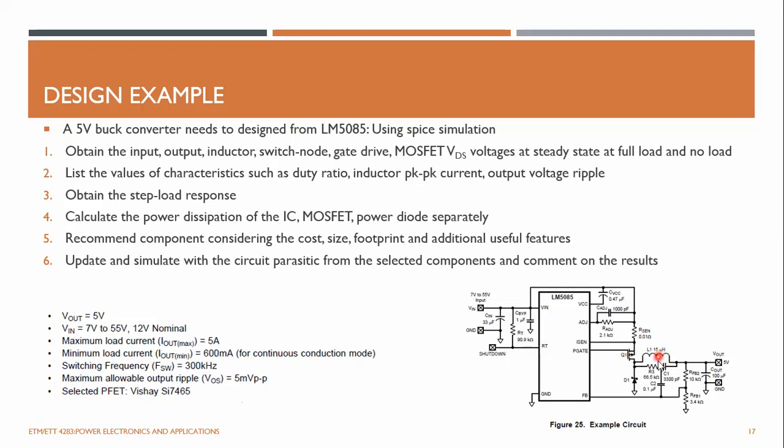The inductor, output capacitor, input capacitors, everything comes outside of this controller. Like I mentioned, sometimes the MOSFET comes inside, so then you don't need to buy the MOSFET or the switch. Sometimes if it doesn't have one, you have to add it additionally. The freedom of using an external one is you can drive more current and you can manage the heat dissipation.